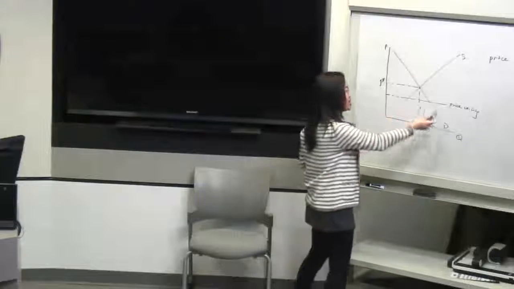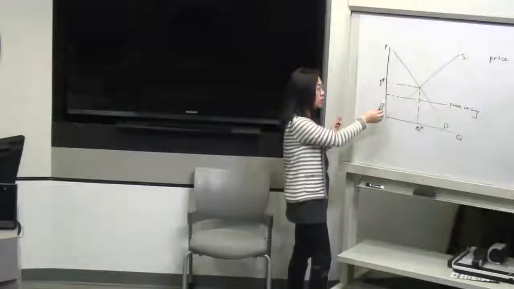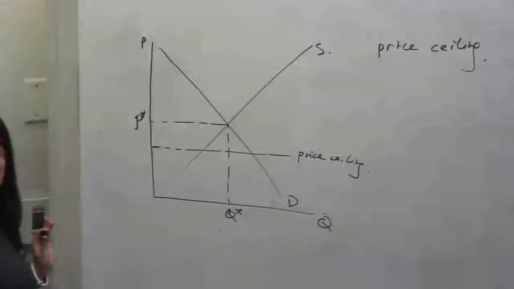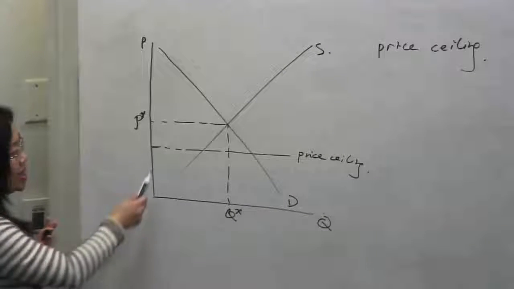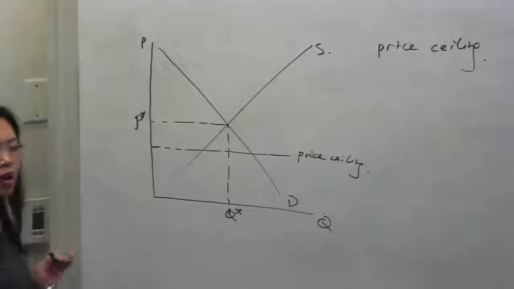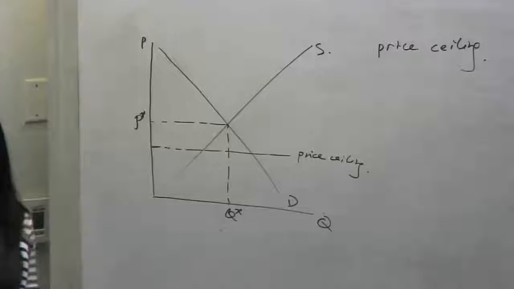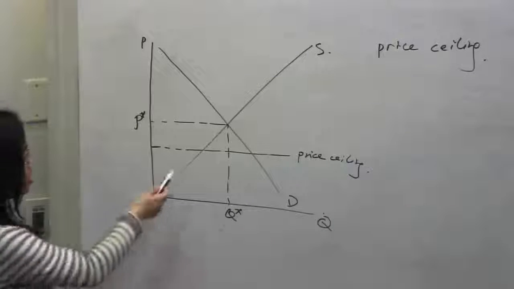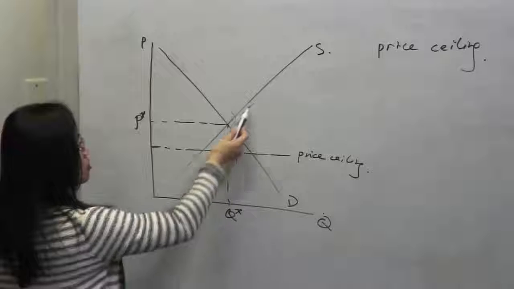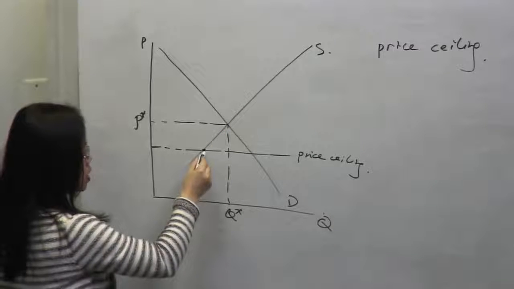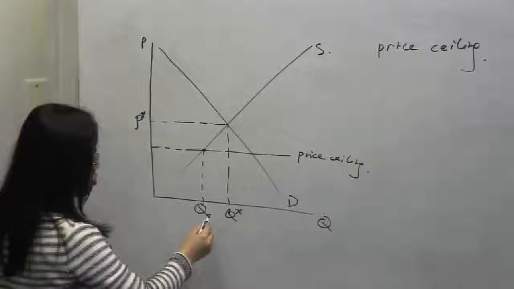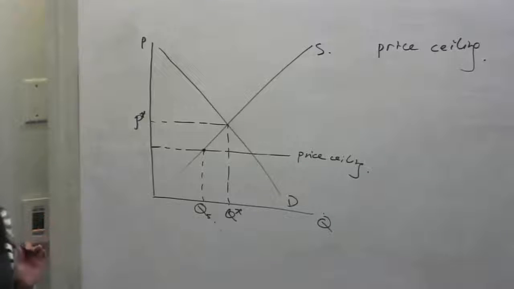Okay, so now the price ceiling is implemented. So this now is the market price. When this is the market price, we know the market is not cleared. Why? Because at this price, this represents quantity supplied, right?